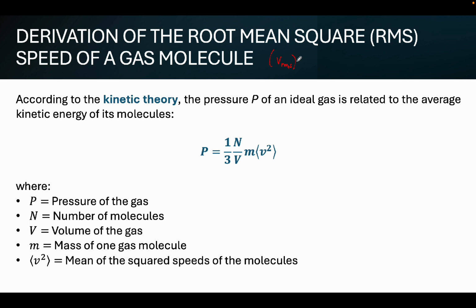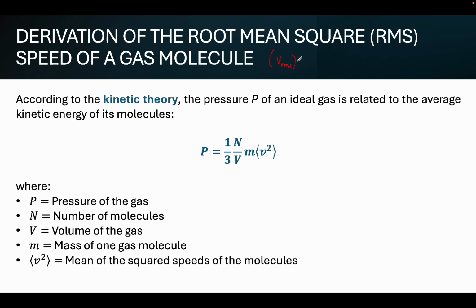It is a measure of the average speed of particles in gases. It is derived from the kinetic theory of gases and relates to temperature and molecular mass. So how can we derive the root mean square speed? We will be using the kinetic theory of gases.